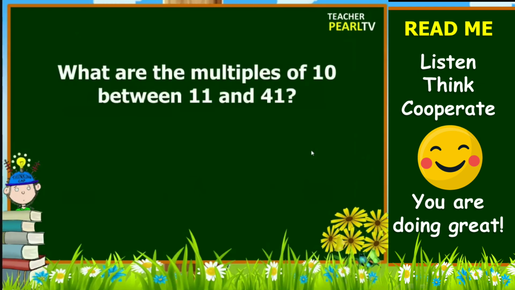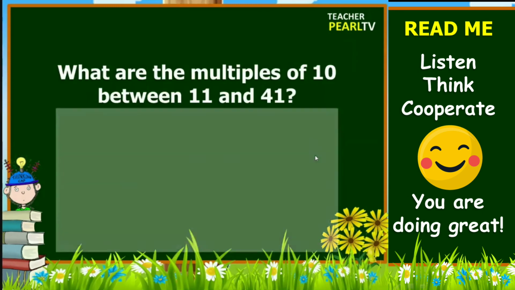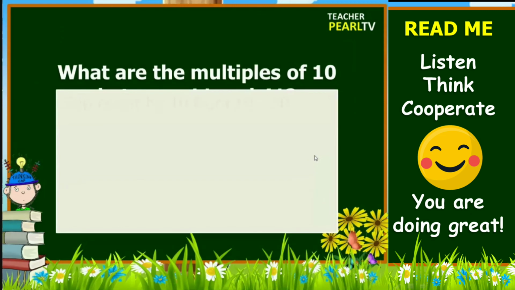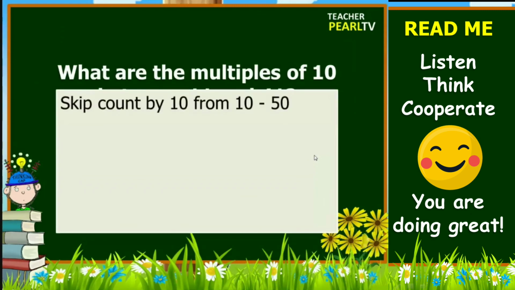Now, for the last question. What are the multiples of 10 between 11 and 41? So here's how to do it. We skip count by 10 from 10 to 50. So, we have 10, 20, 30, 40, and 50.